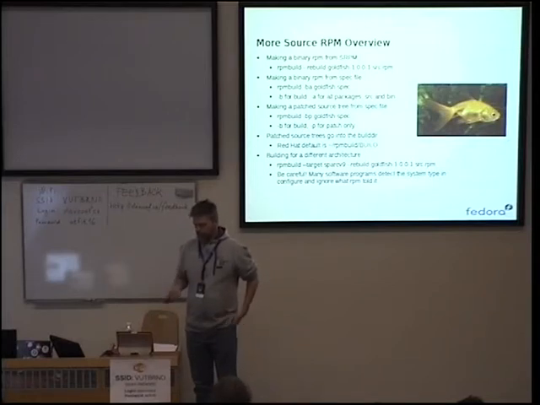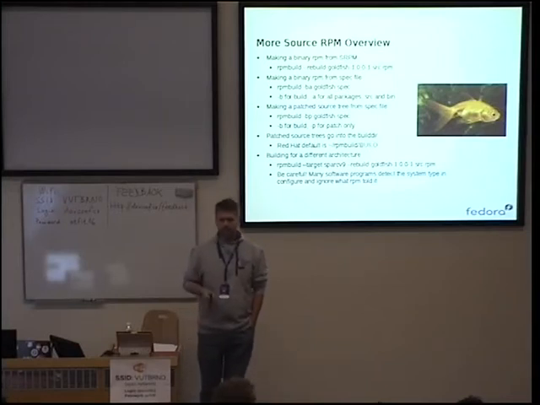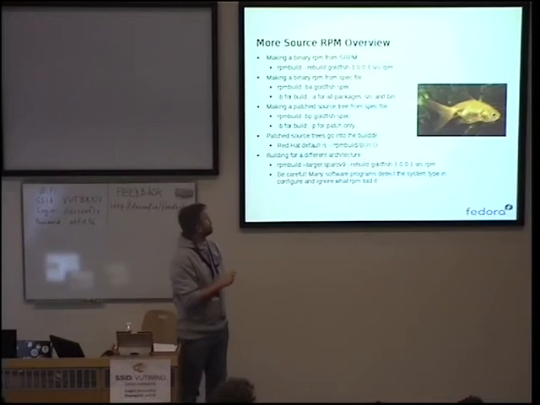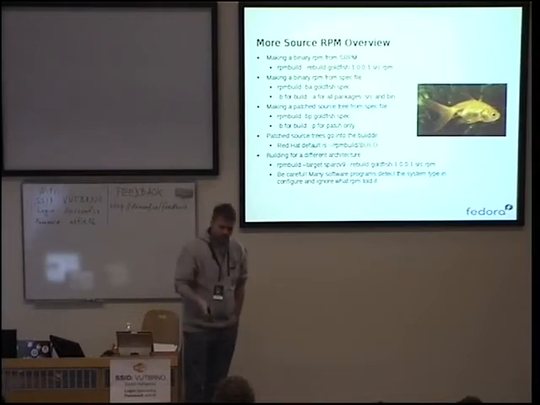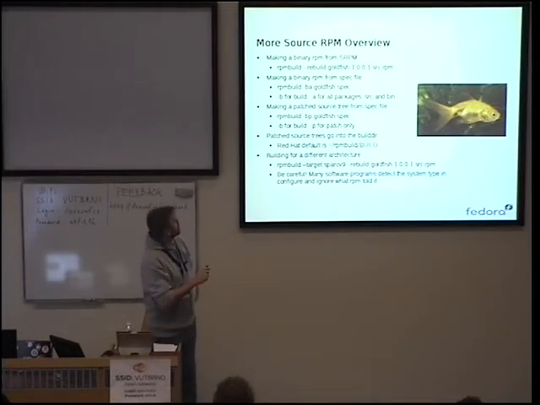Okay, if you get a source RPM and you want to rebuild it, you can quickly execute the command rpmbuild --rebuild, and it will install those source RPMs and build them. For building, the command rpmbuild -ba and the name of the spec file is used.